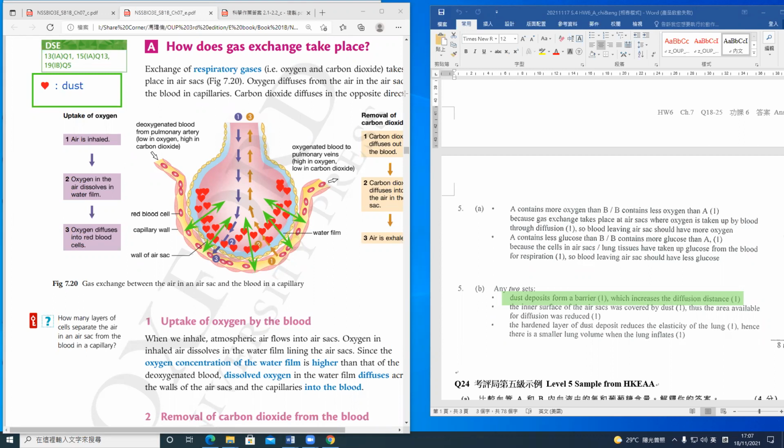Second point, the inner surface of the air sacs is covered by dust, so the area available for diffusion is reduced. There's less area for gas exchange.